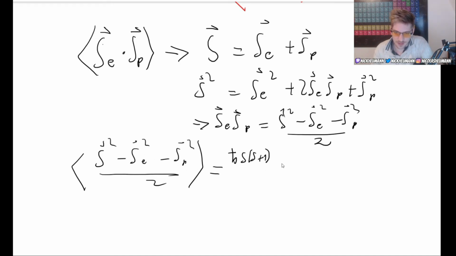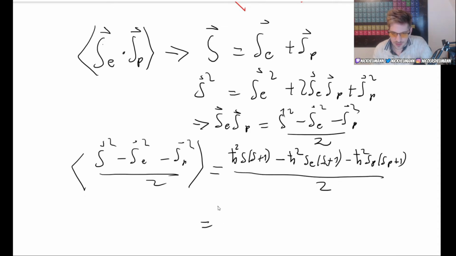And the same for this part: minus h bar squared SE times (SE plus 1) for the spin of the electron, and for the proton it's the same, SP times (SP plus 1), and all of this divided by 2. We can now just factor out h bar squared over 2, and the end result will be S times (S plus 1) minus 3 over 4 minus 3 over 4. If we add both of them together, that's simply minus 3 halves.